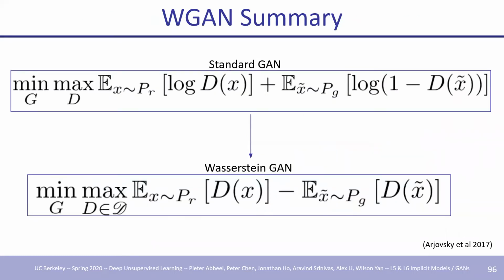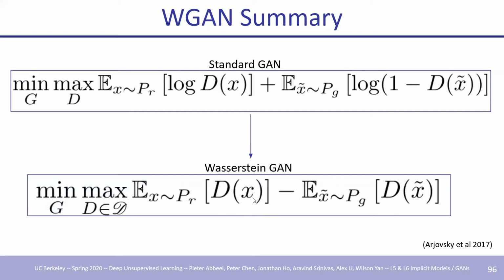Okay, so this is the summary. So this was the standard GAN equation. We want to maximize the log of the discriminator, and then minimize the log of the discriminator of the fake ones. For the Wasserstein distance, we want to find the max D, which is going to be the f_w in our case that we're talking about now.